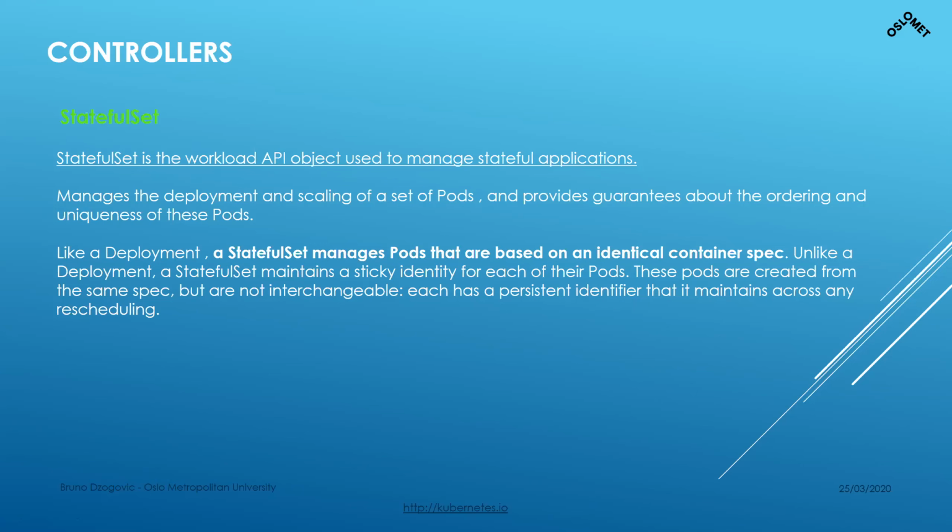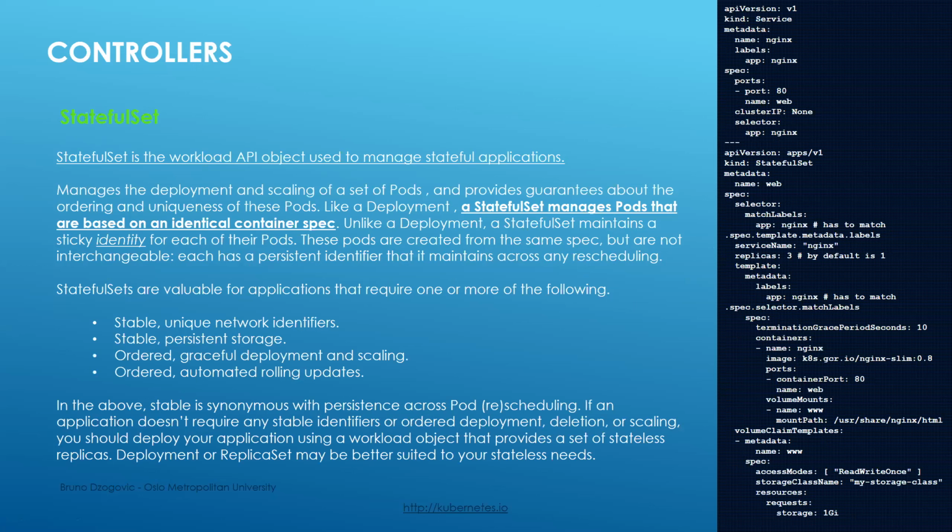The stateful sets manage the deployment and scaling of a set of pods, and provide guarantees about the ordering and uniqueness of these pods. It's similar to a deployment, except the stateful set manages pods that are based on an identical container spec. This spec you can put as a template, or you can assign everything here manually.